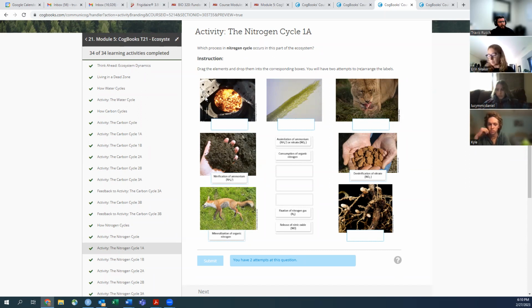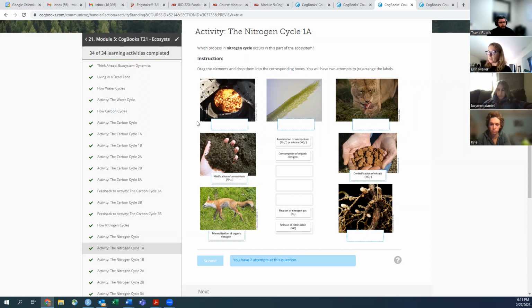Okay, and what's happening in this picture up here? Combustion. Yeah, there's fire, right? That's what it's trying to show. So that's some type of combustion. And in cases of nitrogen, when things burn, what is released generally from the fire?